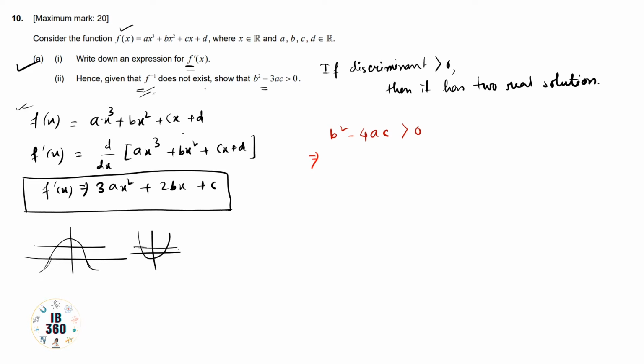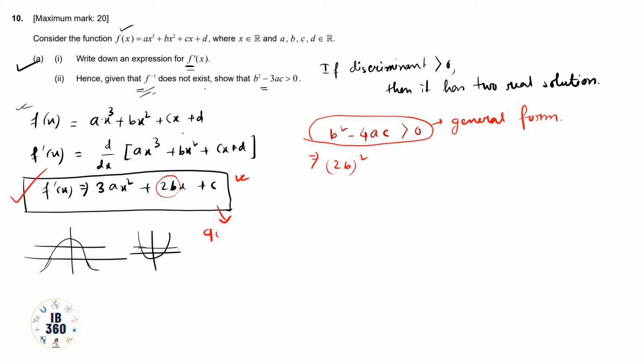Now what is b? Here b is 2b. Just see this equation. So (2b) whole square. Don't be puzzled by this equation. This is the general form, and here is the actual form of the quadratic equation.